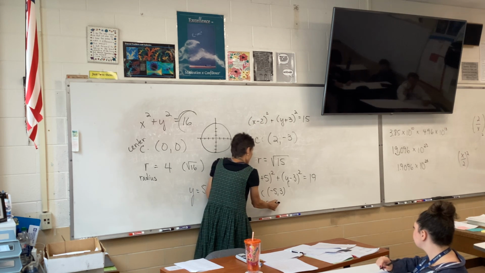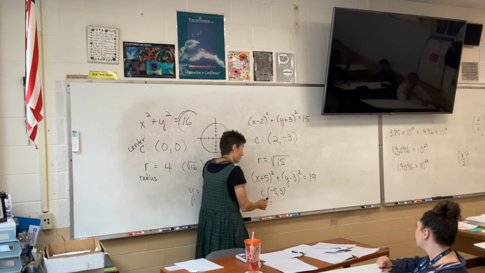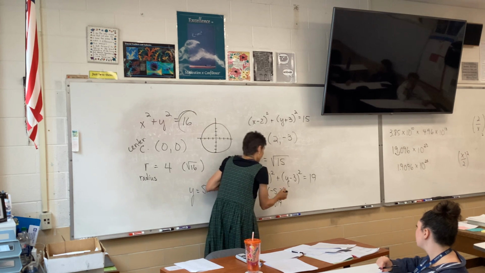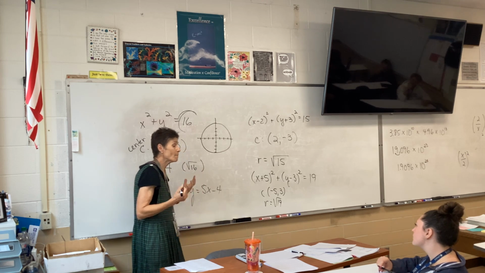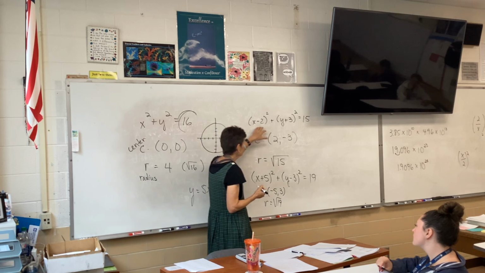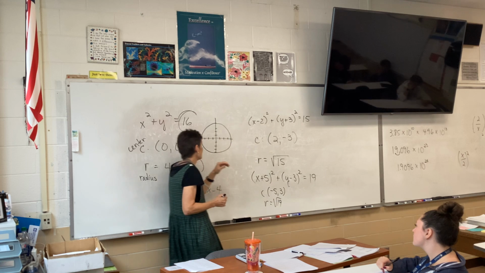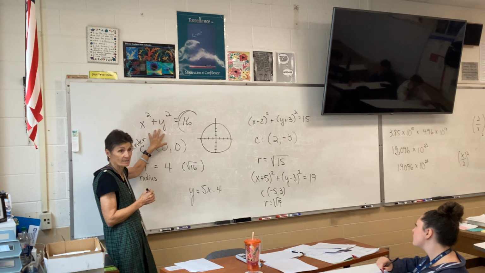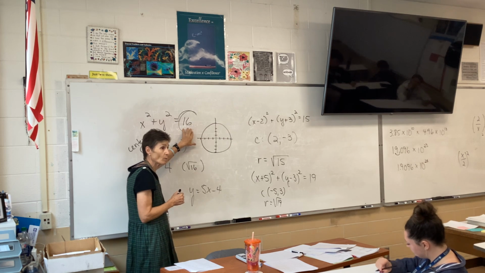And the radius would be square root of 19. Now, it's easy, just something else for you to remember. To find your center, it's the opposite of whatever's attached to the x and y. If there is nothing attached, it's 0. And then your radius is the square root of that number.